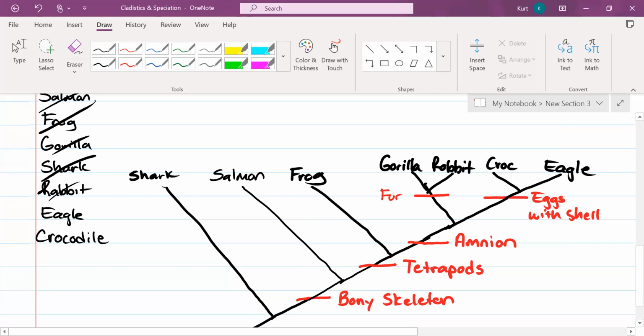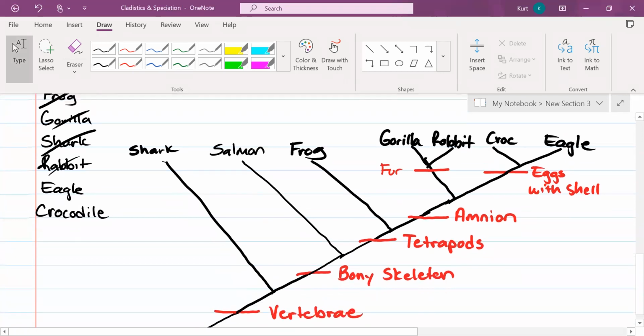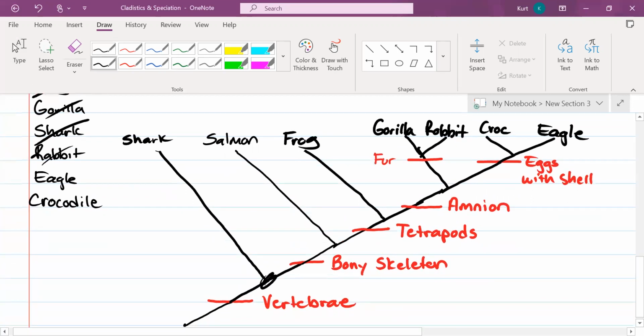Okay, so this is a cladogram. And if we were in class, I would ask you, how many common ancestors do you see in this cladogram? Well, there's 1, 2, 3, 4, 5, 6. Remember that as you are going up, time is going forward. So this common ancestor is the oldest common ancestor of all these animals. This is what they all have in common.